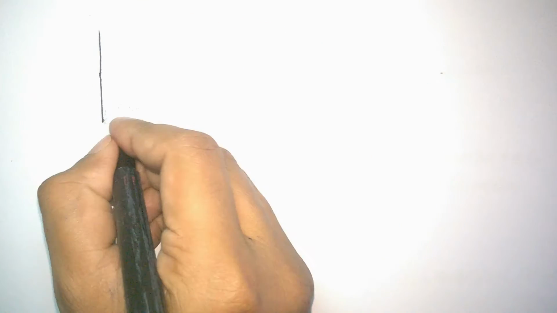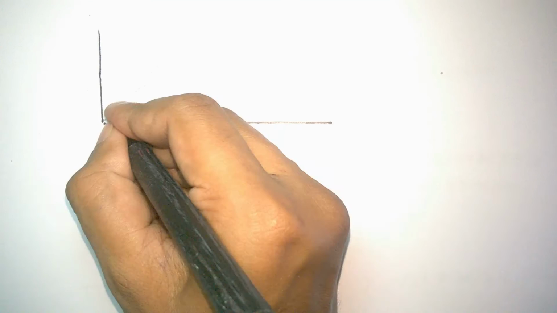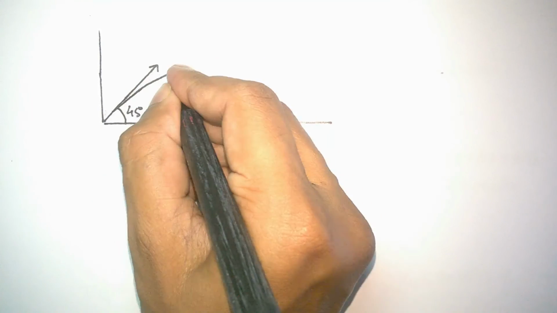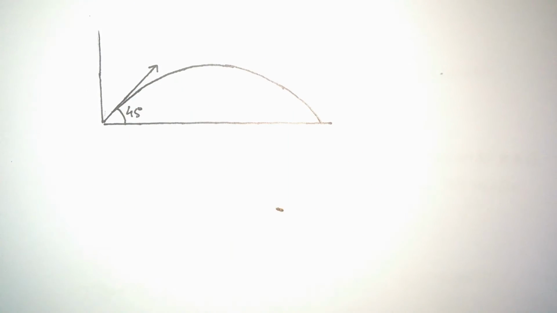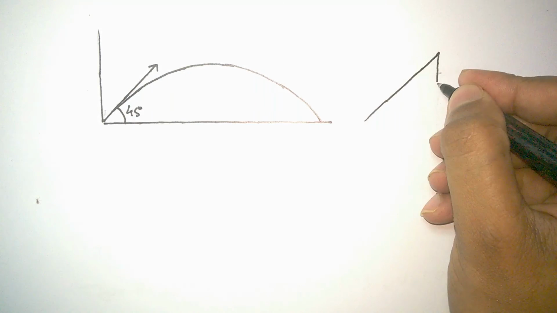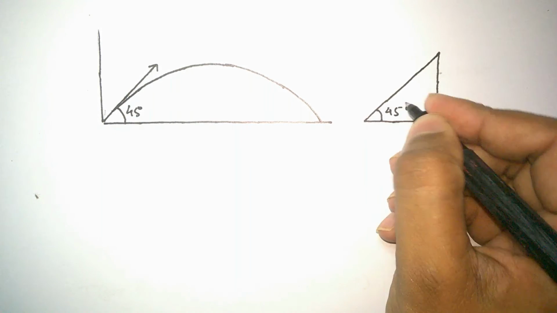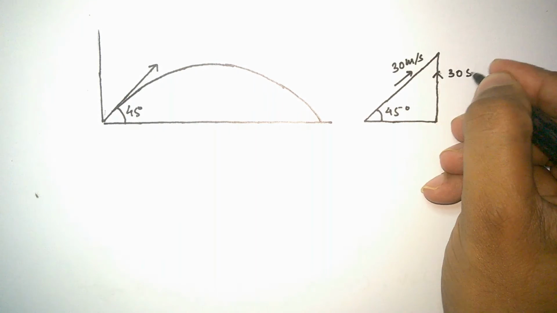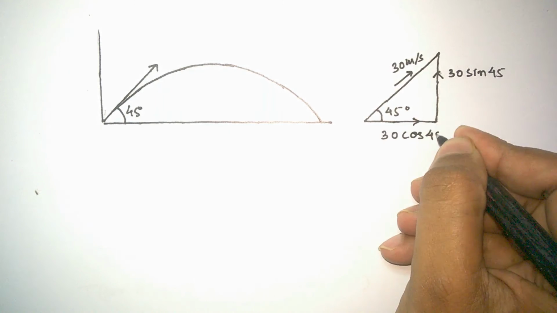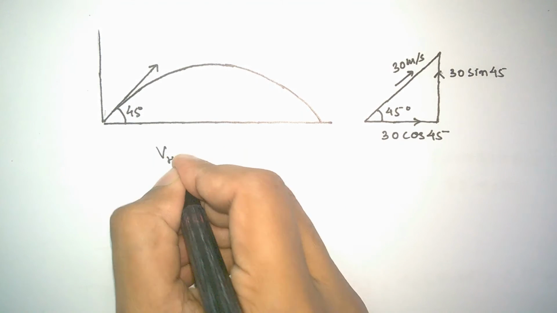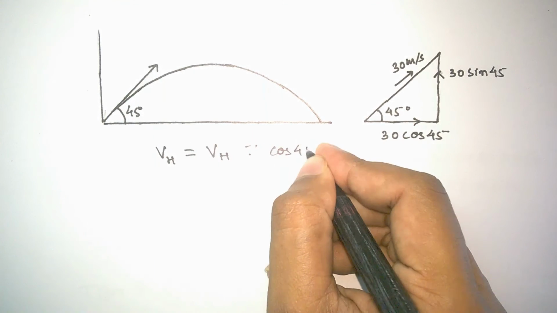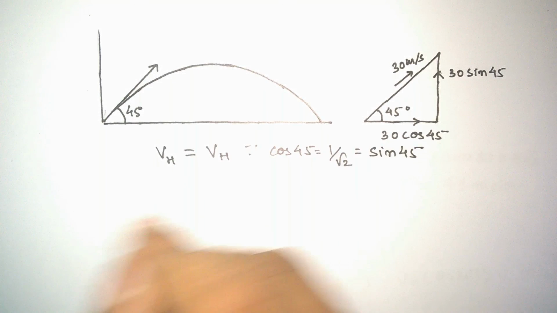Now in our last case of study, we can throw a ball at an angle of 45 degrees from the horizontal, and then again we can calculate the horizontal and vertical velocities in the same way as we did in previous cases by drawing a right angle triangle. There you go, you have values of horizontal and vertical velocities that are the same.